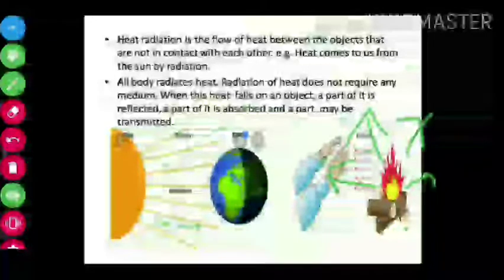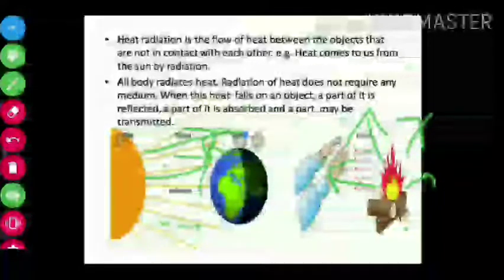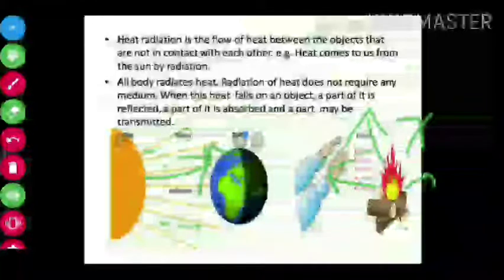Then from the sun the heat comes to the earth and we are feeling hot because of the sun rays, and these sun rays travel through space, and this process is known as radiation. So all bodies radiate heat.